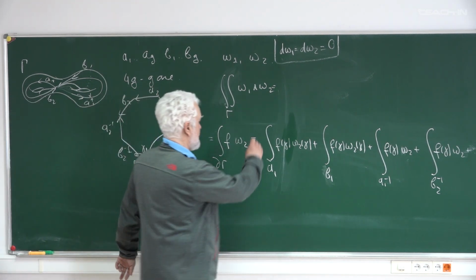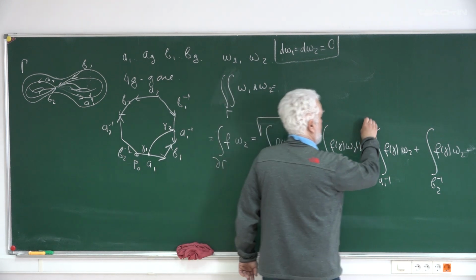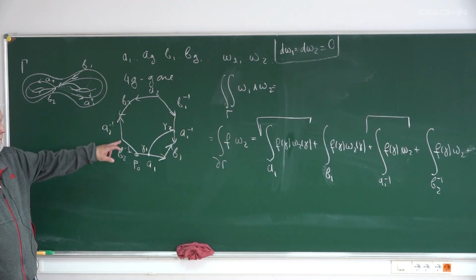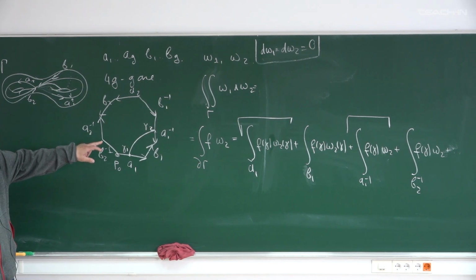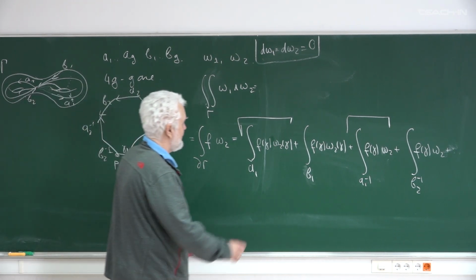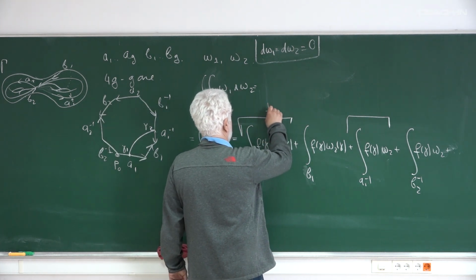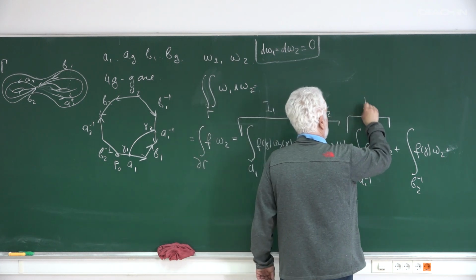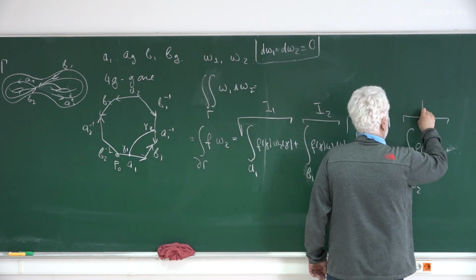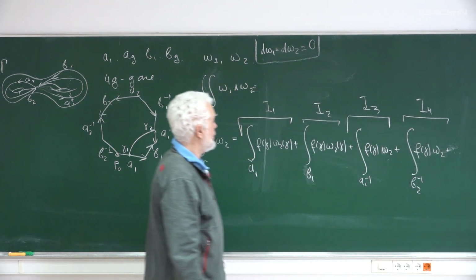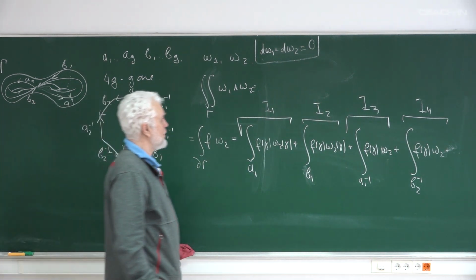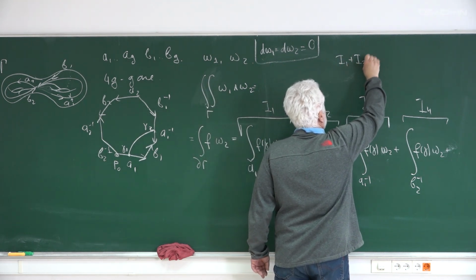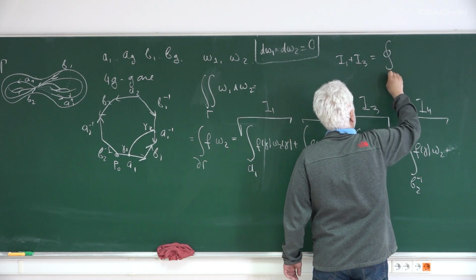Therefore, the first two terms can be combined in the following form: I1, I2, I3, I4. So we can rewrite I1 plus I3 over A1.